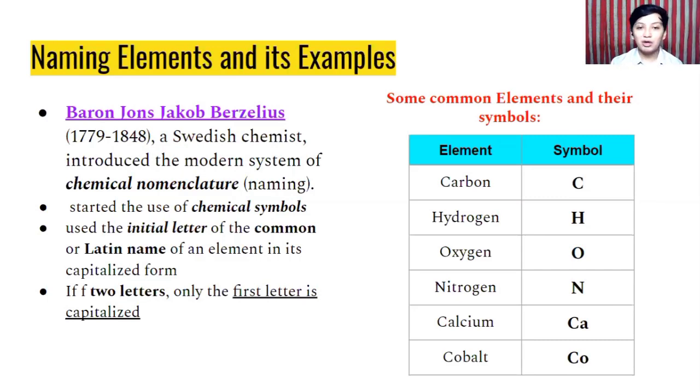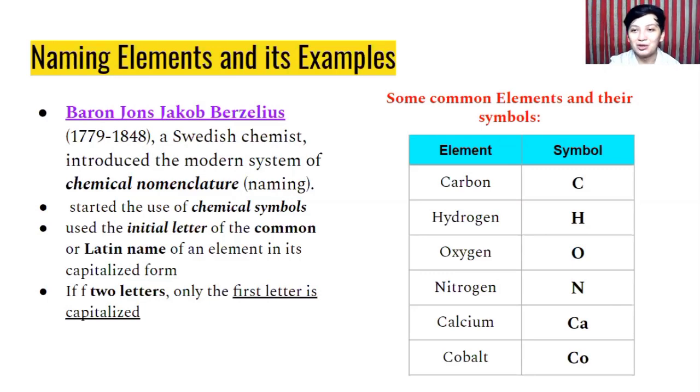He started the use of chemical symbols. He used the initial letter of the common or Latin name of an element, in capitalized form. If there are two letters, only the first letter is capitalized. So when it is only one letter, it is automatically a capital letter. But if it is composed of two letters, the first letter is capitalized, the other one is not.